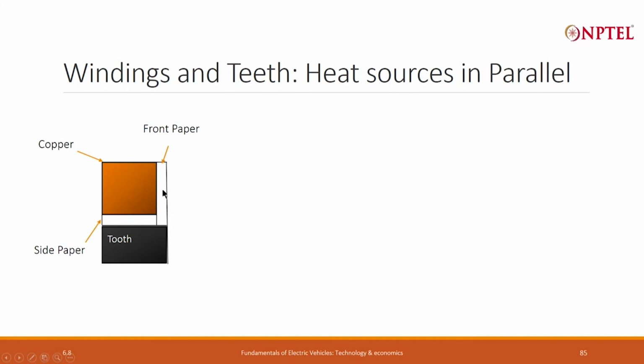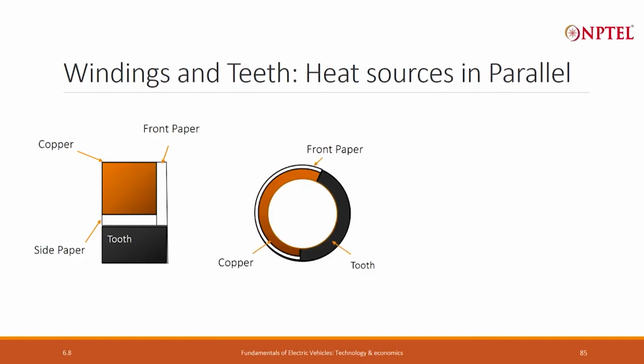So, I am calling this the front paper because it is facing the outward direction radially, and then there is a side paper which is between the copper winding and the teeth. If I were to look at it, I will have a number of slots and a number of teeth in between, and based on my geometric model, I can take the area of the slot to the area of the teeth as a ratio and simplify my model by saying that this much percentage of the total area is occupied by the copper and this much percentage of the total area is occupied by the teeth.